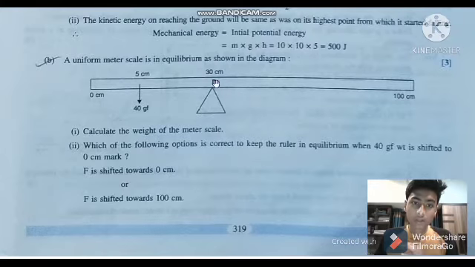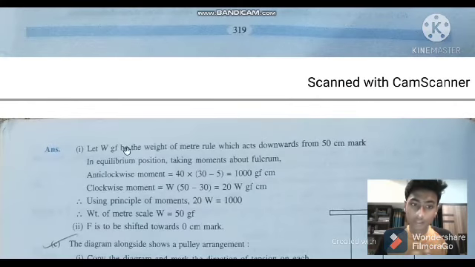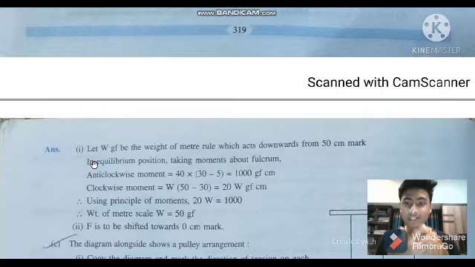Let the weight be W, which acts downward from the 50 centimeter mark. In the equilibrium position, taking moments about the fulcrum, the anti-clockwise moment is equal to the clockwise moment, which is the principle of moments when the body is in equilibrium.